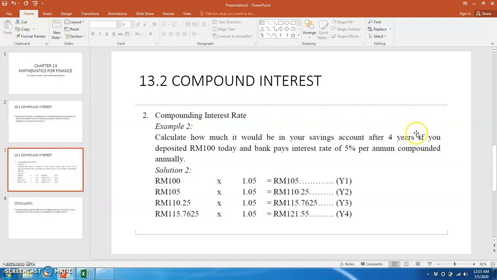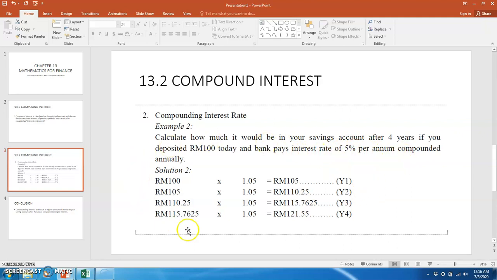It has 4 years, 100 ringgit today, meaning that you just put in one amount, one time, 100 ringgit, and then you sleep just like that. You didn't do any top up, and the bank will pay interest of 5% per year. Per annum is per year.